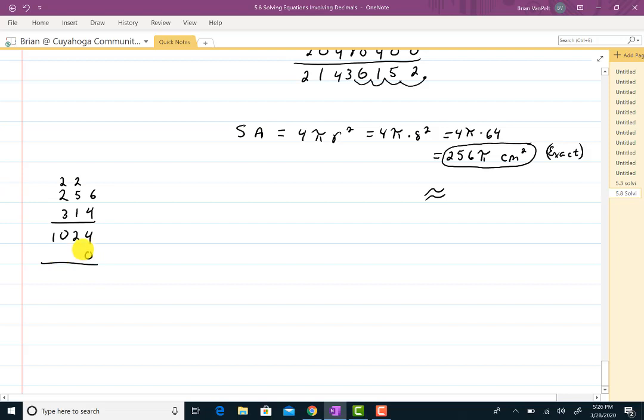And once again I'm getting ahead of myself because that line shouldn't be there yet. I have two more rows. Whenever you multiply by 1, that's sort of nice because I just have to write the digits. And then a 3, I'll have 3 times 6 is 18, so I'll write 8, carry the 1. 3 times 5 is 15 plus 1 is 16, carry the 1. 3 times 2 is 6 plus 1 is 7. And now let me add up my columns.